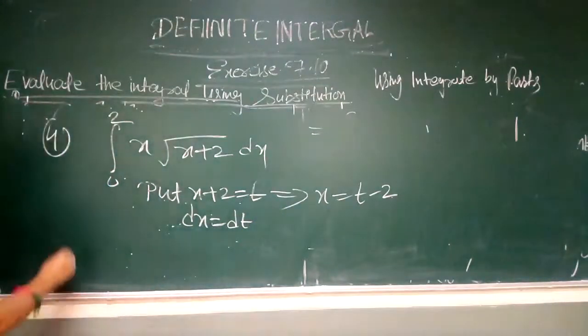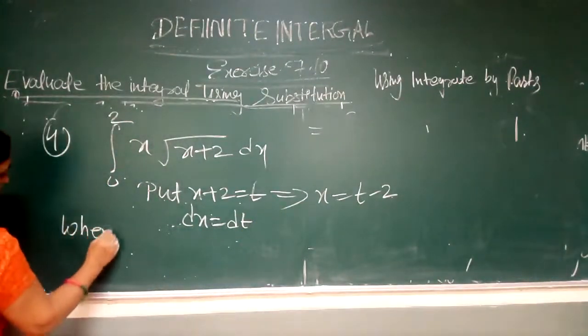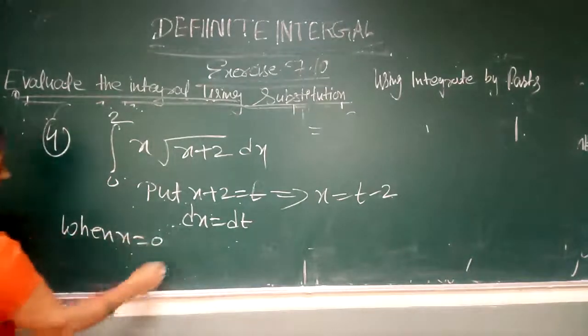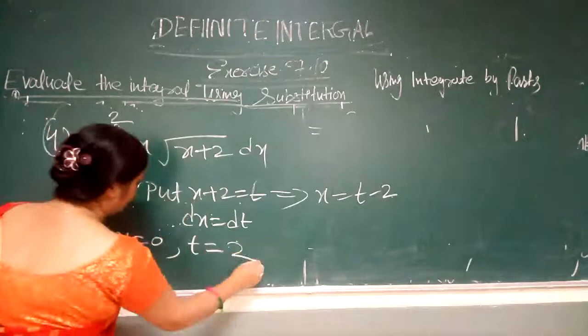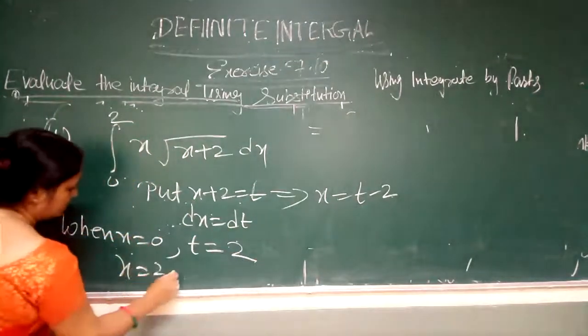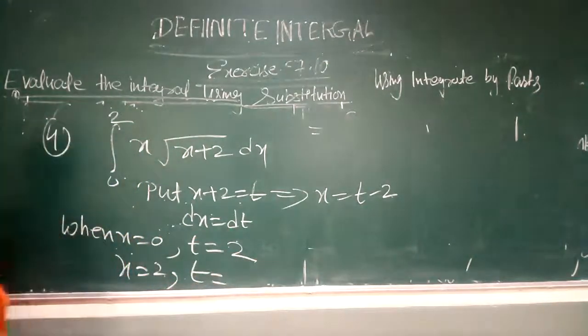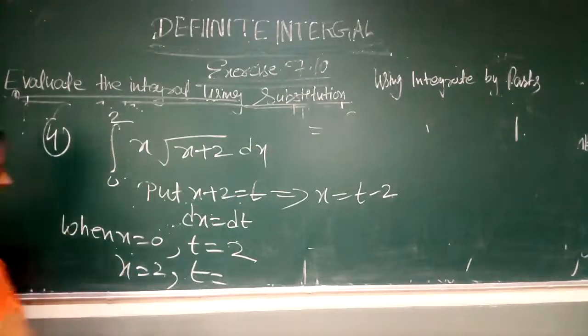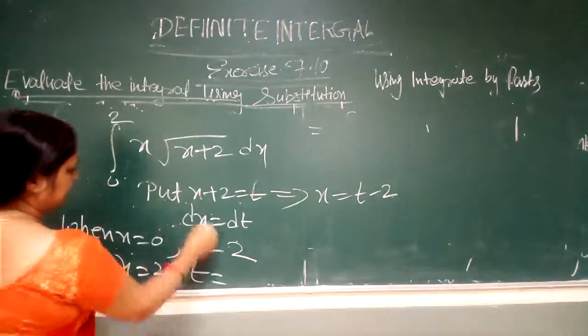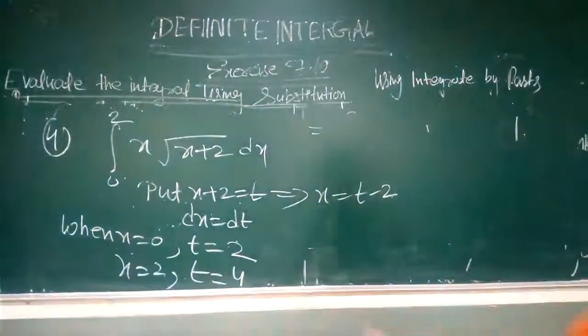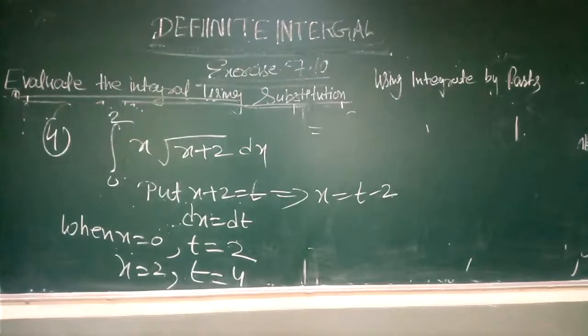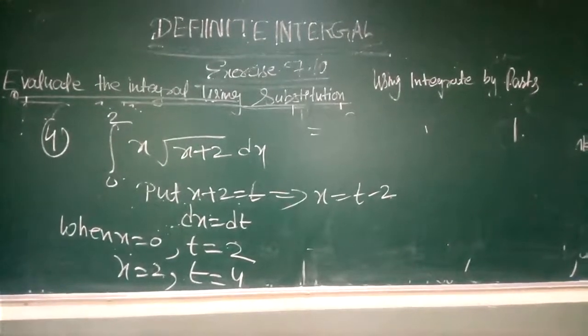And change the limit. t will come 4. So in this way you can solve this question. So this is for your homework. Solve this question, and if you have any doubt you can ask me.